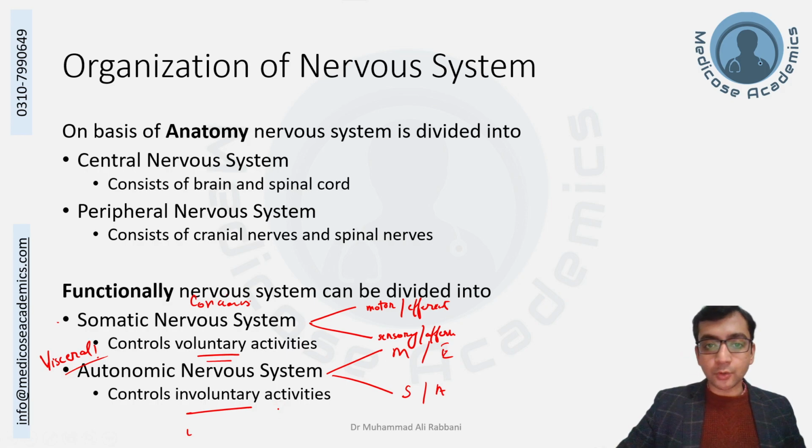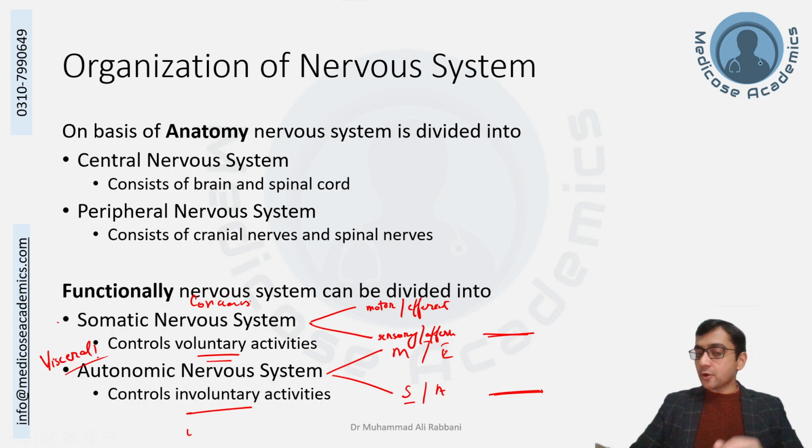Now that is what I want to compare with the somatic part of the efferent division and the visceral part of the afferent division. I'm sorry for that. Compare the sensory component of the somatic system with the sensory component of the autonomic system. In the sensory component of the somatic system, the details are very high.